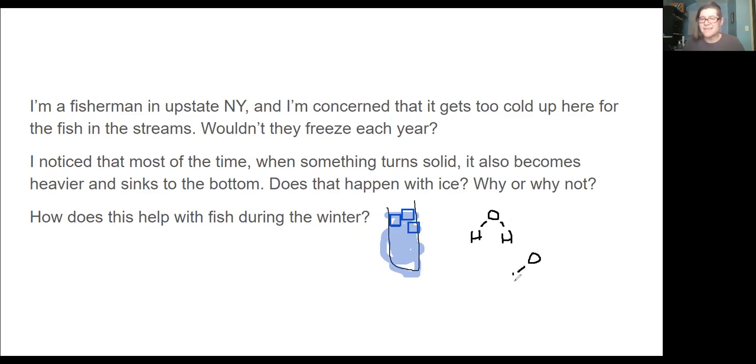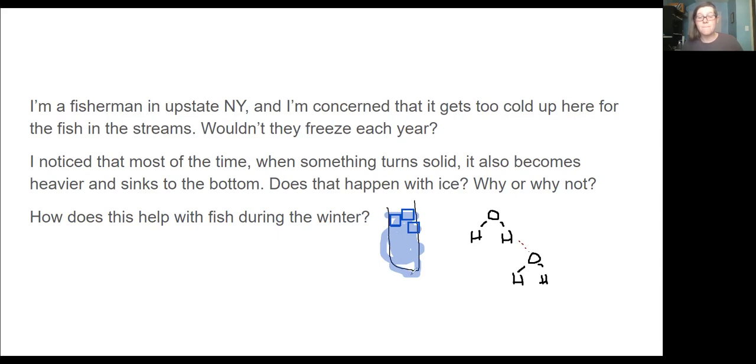And when they're liquid, they make connections to each other, but they can kind of slide around because liquid molecules slide around. But when they start to get solid, those connections actually firm up and make a crystal. When they make a crystal, they actually pull apart a little bit, put space between them, and make this really neat structure that allows it to not get denser because they don't come together, but to pull apart and float.